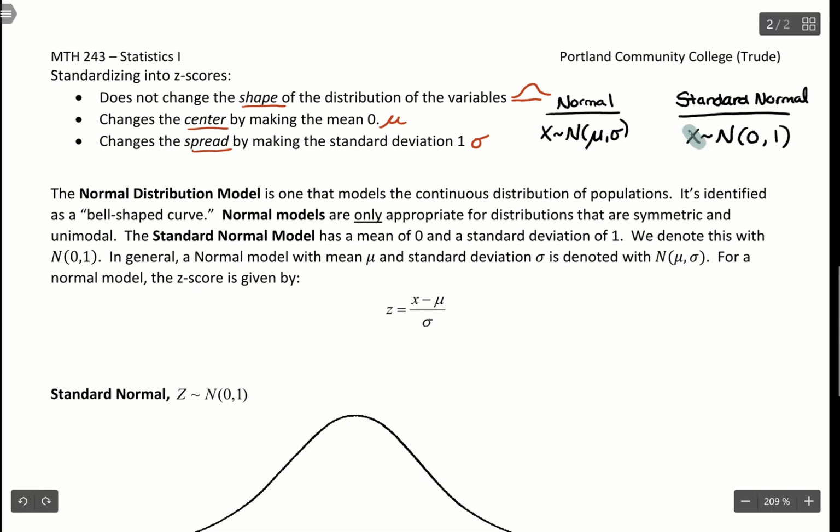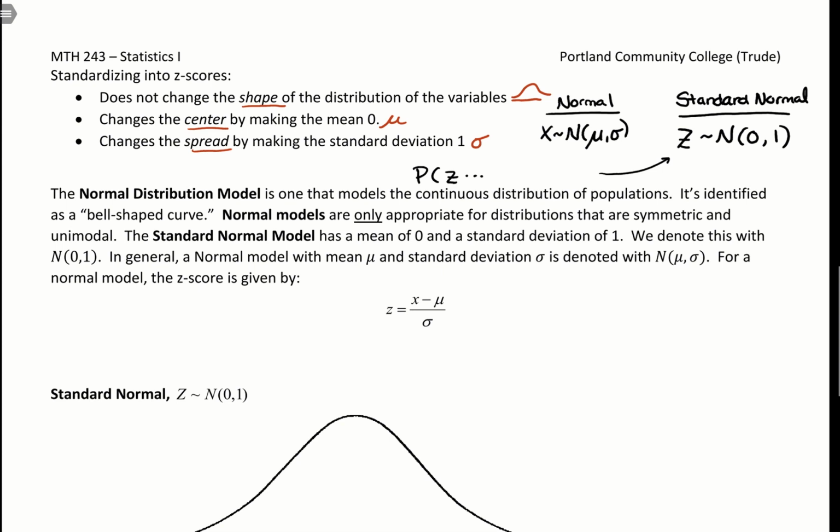And also, even though GeoGebra is still going to show you x, this is technically for values of z. So if you're ever looking for like probability z is something, this is the curve you want to use in GeoGebra. So normal distribution model has a mean and standard deviation.